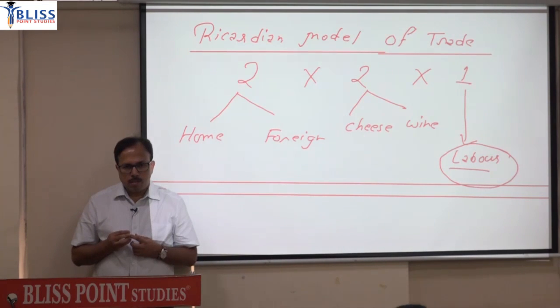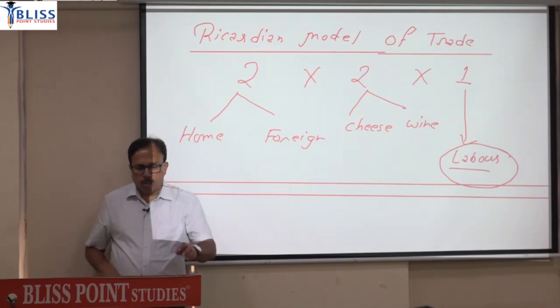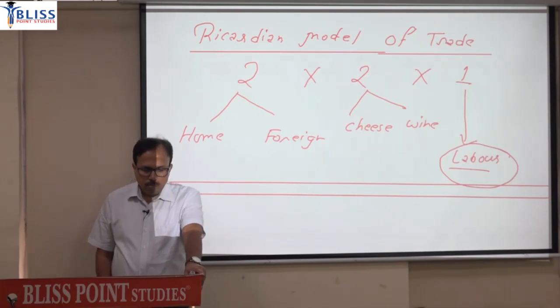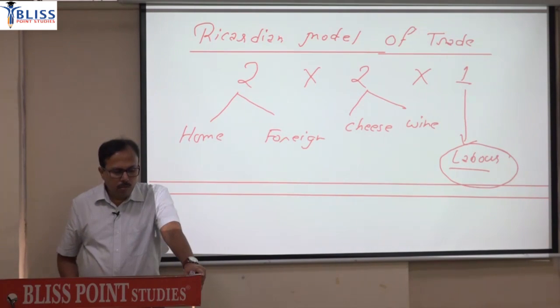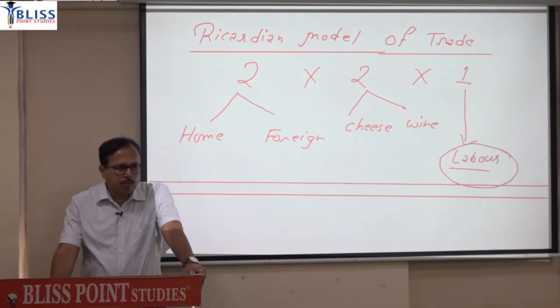Underline the last sentence. According to this theory, a country has comparative advantage in producing a good if opportunity cost of producing that good in terms of other good is lower in that country as compared to other country.